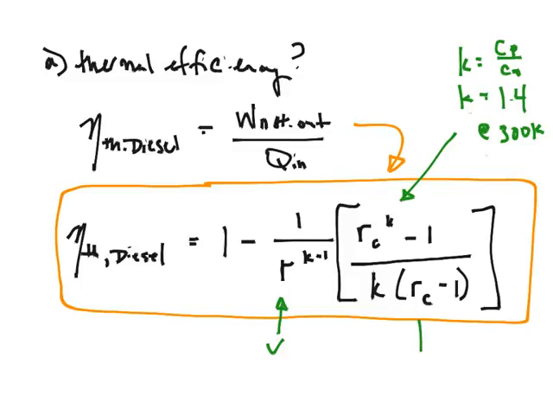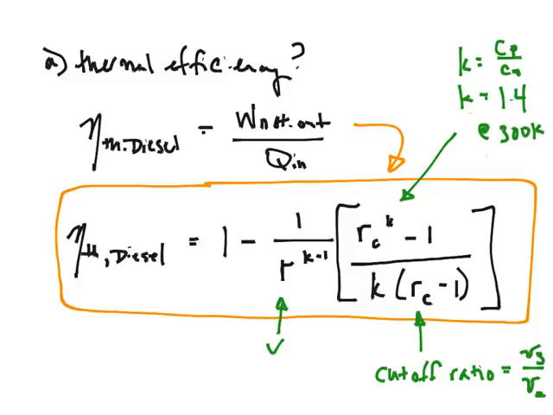It is Rc, which is our cutoff ratio. And remember, that is the ratio of the volume after combustion to the volume before combustion, or heat addition step. So V3 over V2.